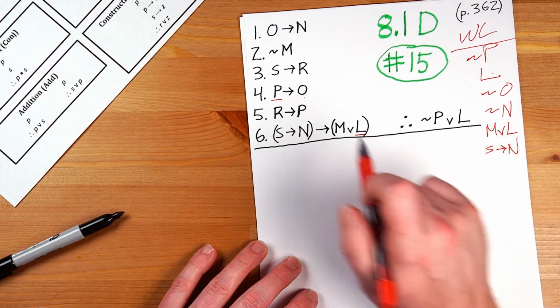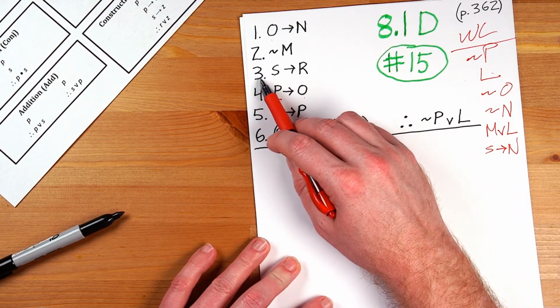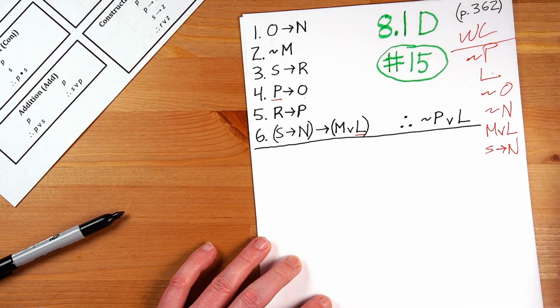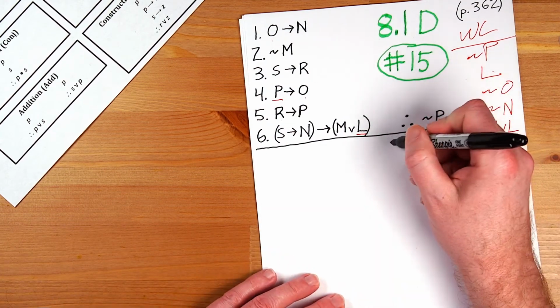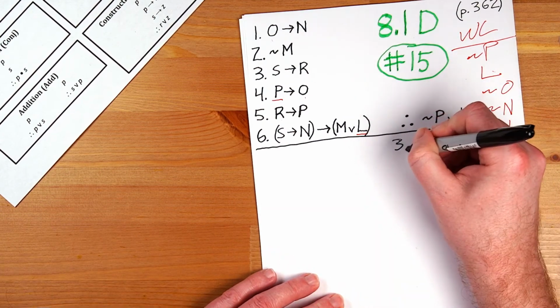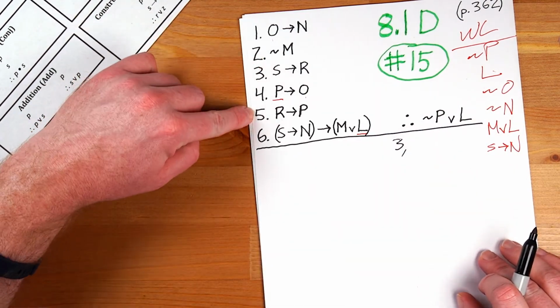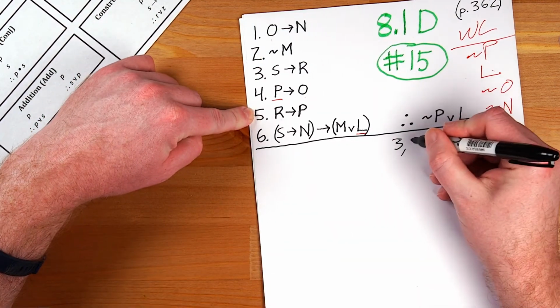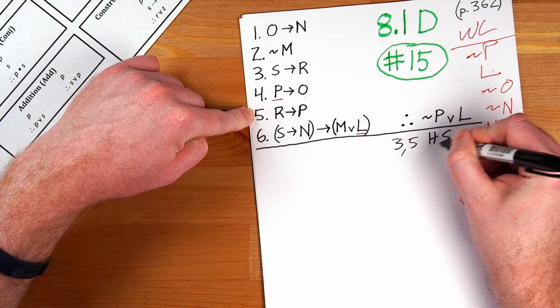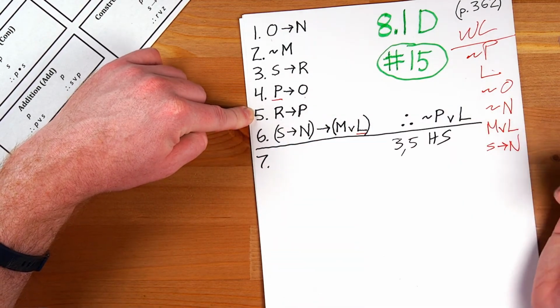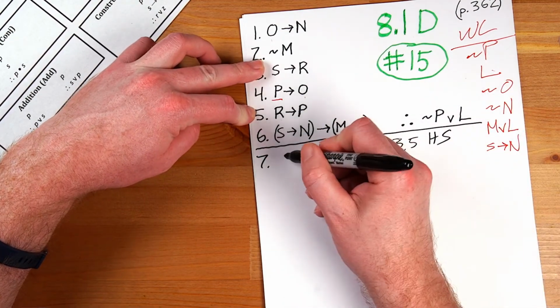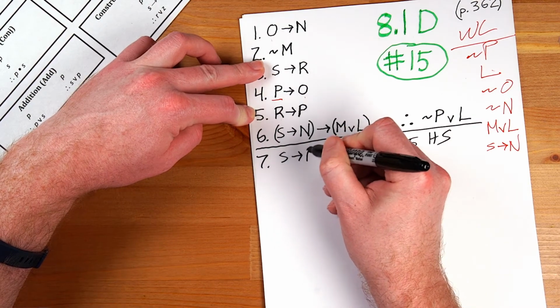So let's try that. So if we use 3, S arrow R, and then we follow the trail R arrow P, hypothetical syllogism, that will give us S arrow P.